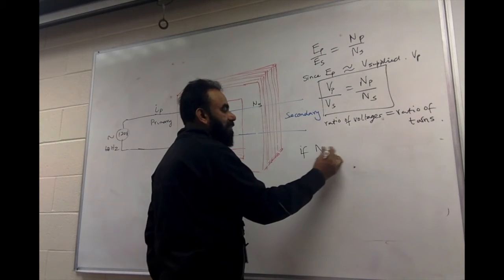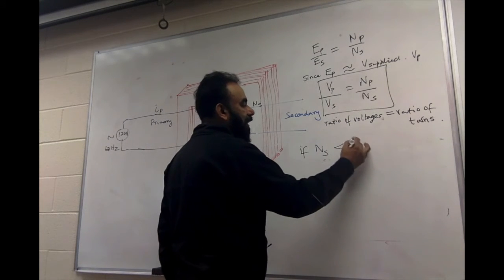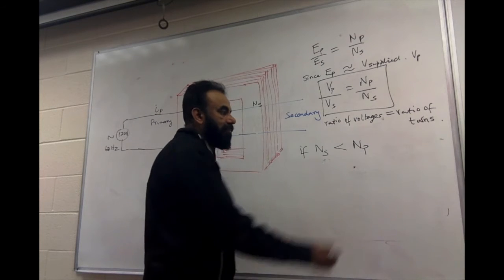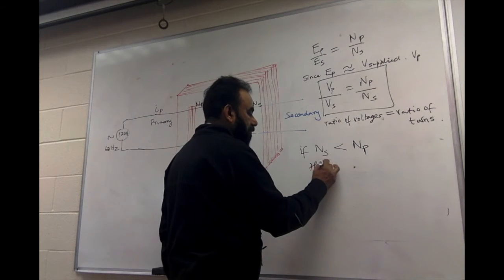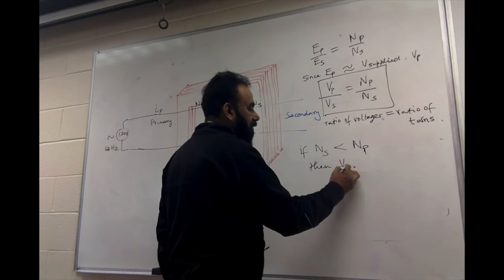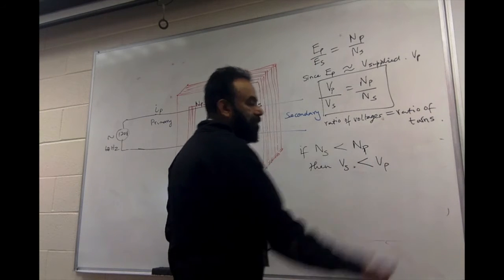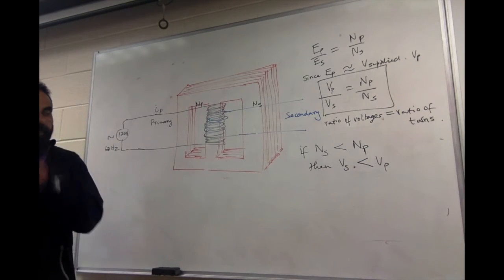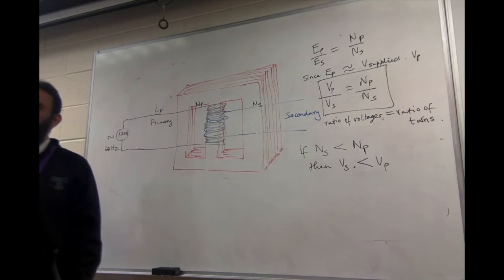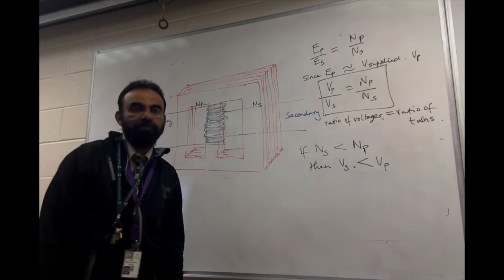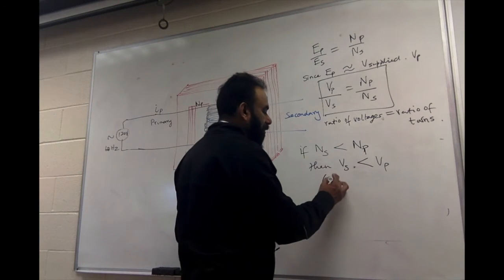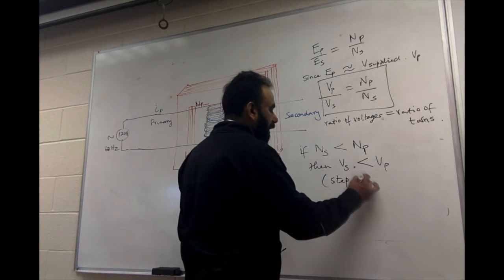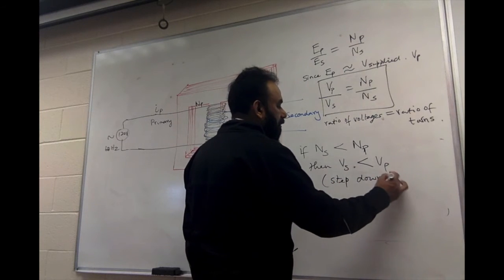If NS is less than NP, then VS is less than VP. The voltage in the secondary is less than the voltage in the primary. And this kind of a transformer is called a step down transformer.